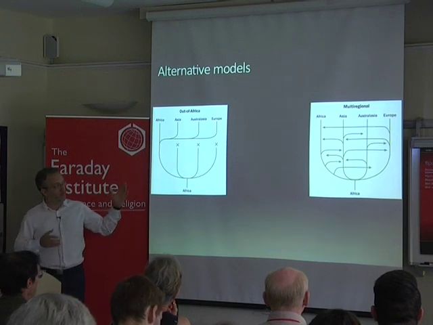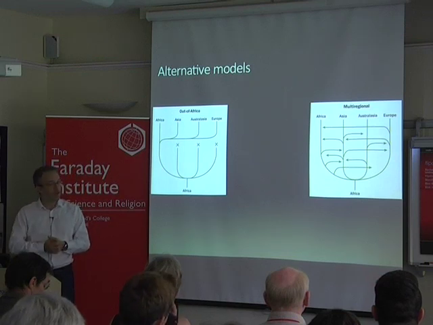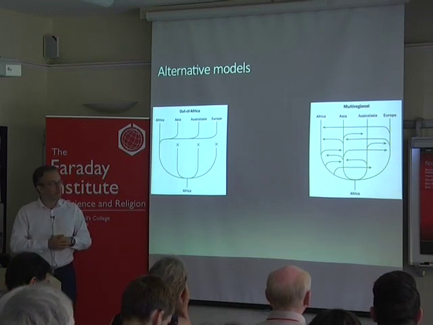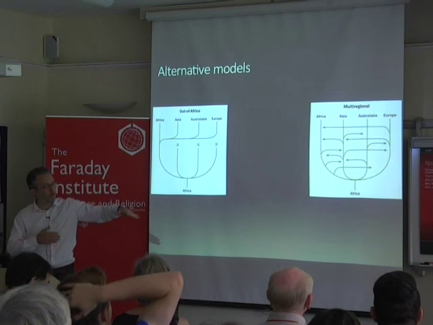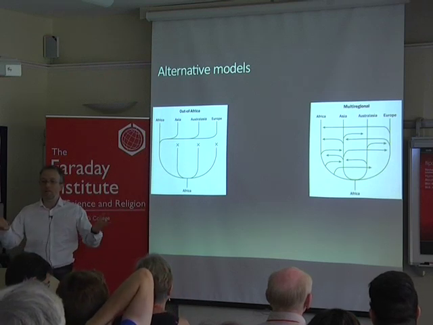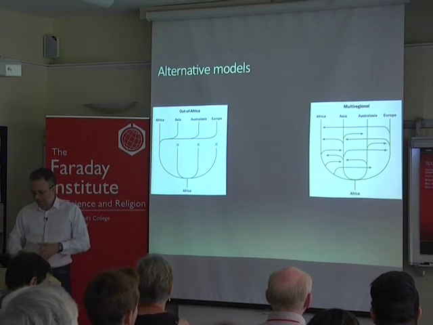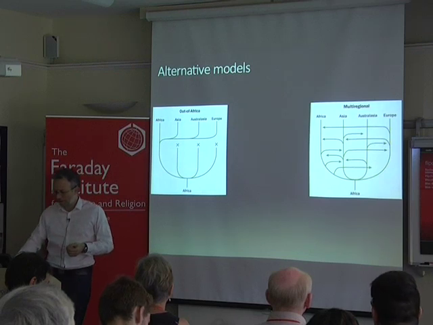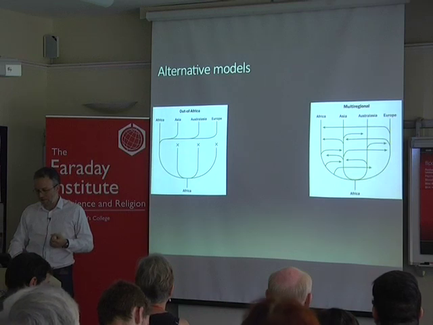They had to invoke a lot of migrations between these different areas in order to keep a kind of global diversity. And then these different populations of Homo erectus would independently evolve to modernity in these different areas. And that was based mainly on morphological features of the different skeletons that were found in Asia and other places.